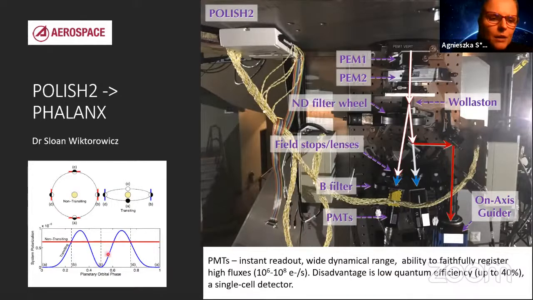So here on the left panel, you can see the prediction for the system when you have the host star and the exoplanet in a face-on orbit, which means that basically you will see no modulation as a function of orbital phase, whereas if you have transiting exoplanets, so a system with an inclination around 90 degrees, then you would expect some modulation of the polarized light as a function of orbital phase.